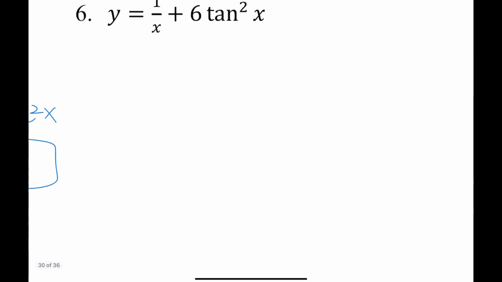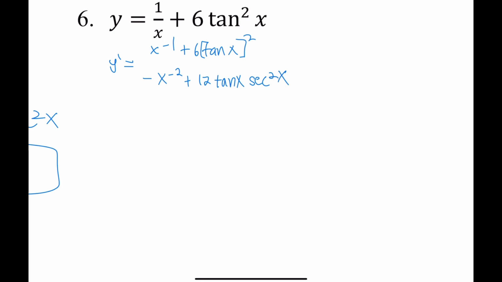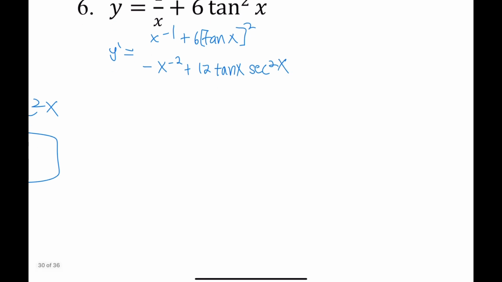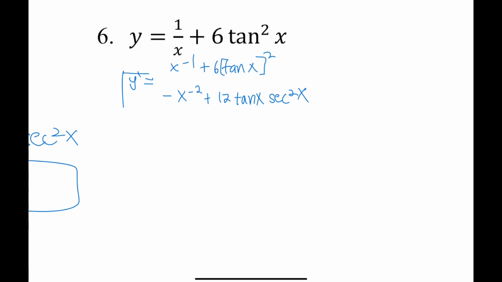And then number 6 is y equals 1 over x plus 6 tangent squared. So y prime basically would be, 1 over x is x to the negative 1, right? So negative 1 x to the negative 2, plus 12 tangent x secant squared x, right?